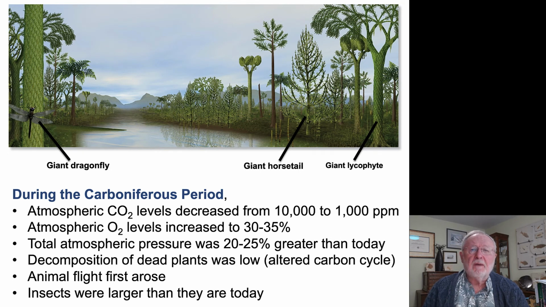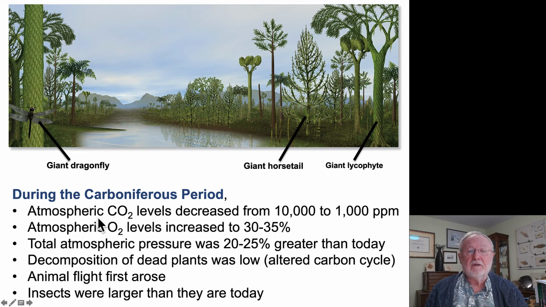So during this Carboniferous period, there's a couple of take-home messages. First, we know from fossils that this was a time when giant lycophytes dominated. We know from fossils that it was a time when we found the first indications of flight and huge, gigantic dragonflies that we'll talk about in a future lecture.